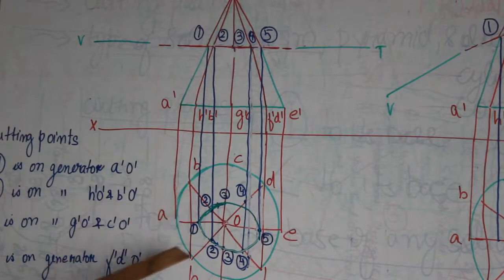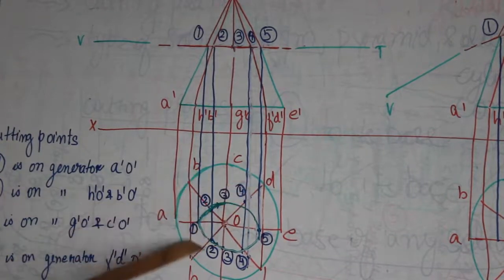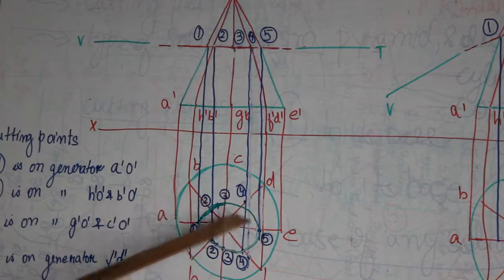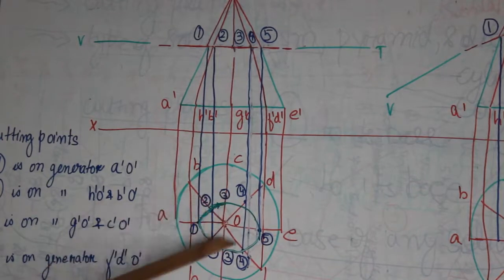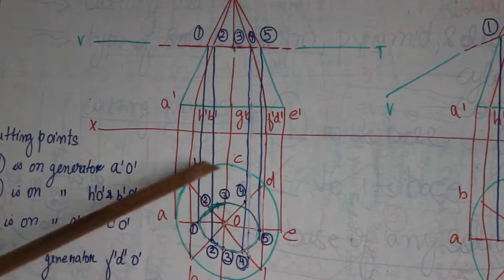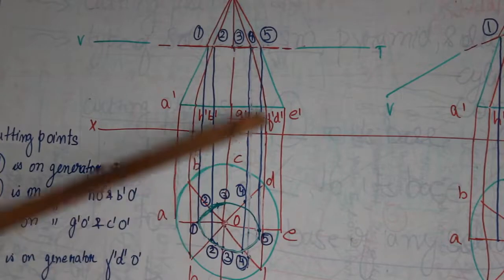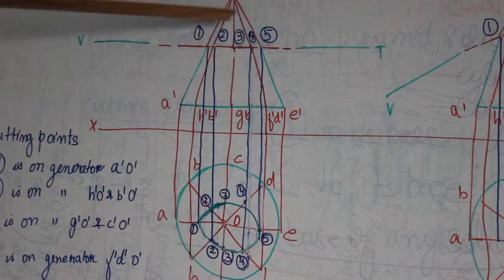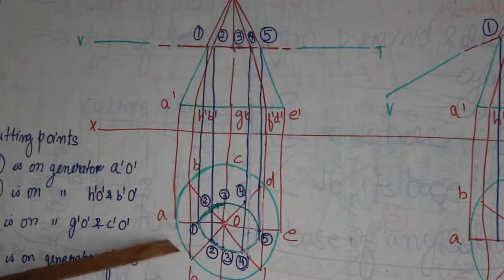Now I have joined the points together, and I've got an elliptical shape here, but in actual it is not necessarily elliptical, it could be a circular shape also. This is the shape of the section that I have got in the top view when I remove this part and use a section cutting plane which is an HSP.